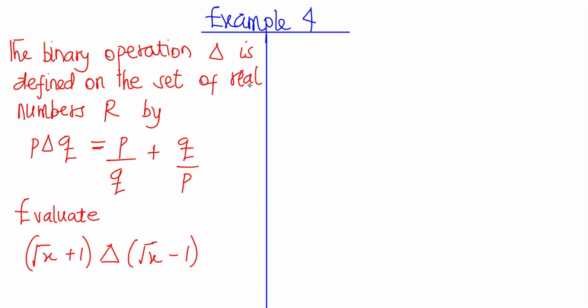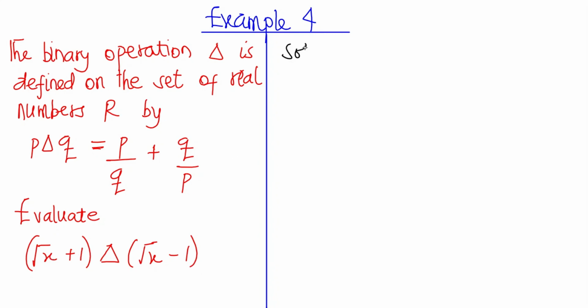So here it says the binary operation delta is defined on the set of real numbers r by p delta q is equal to p out of q plus q out of p. Evaluate square root of x plus 1 delta square root of x minus 1.